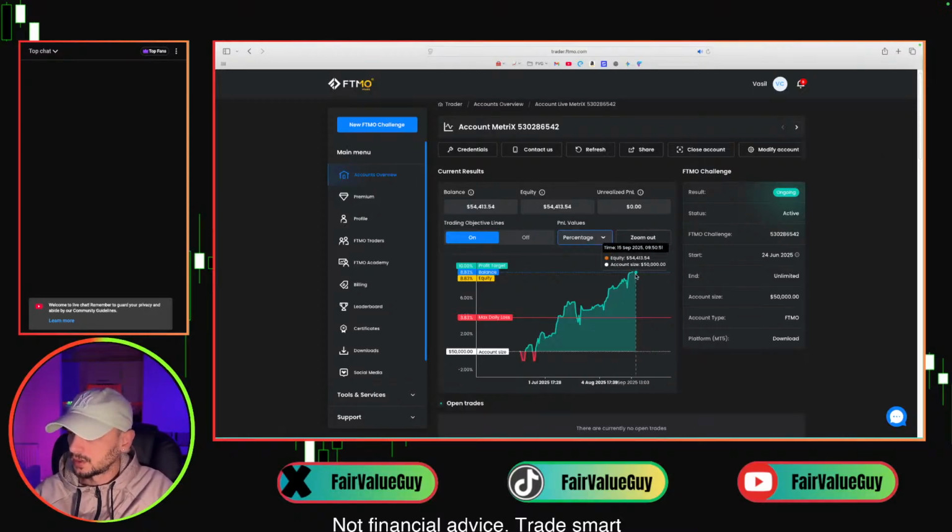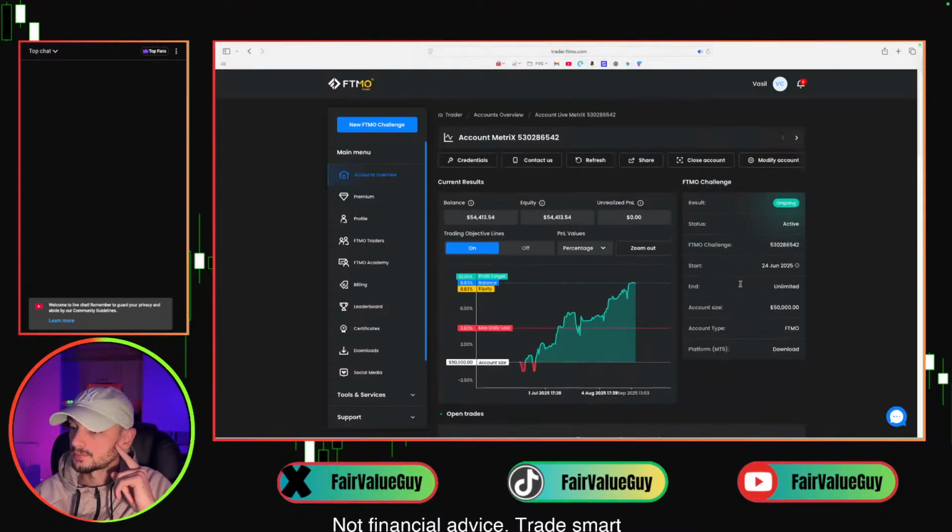At the moment we're standing at 8.83%. We haven't used this account for a long time. Last trade was last Monday, I think, the 10th of September. So we're standing at 8.83, and today potentially we're gonna pass the account.